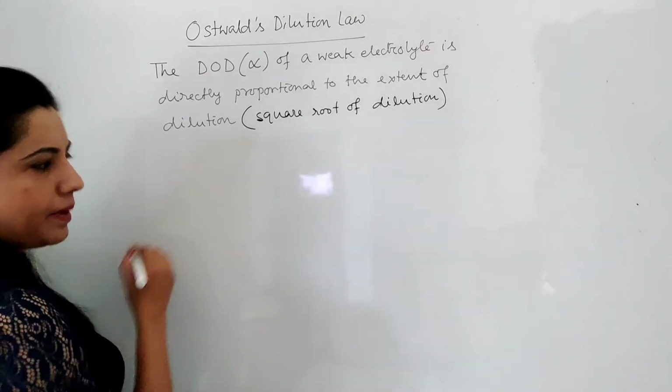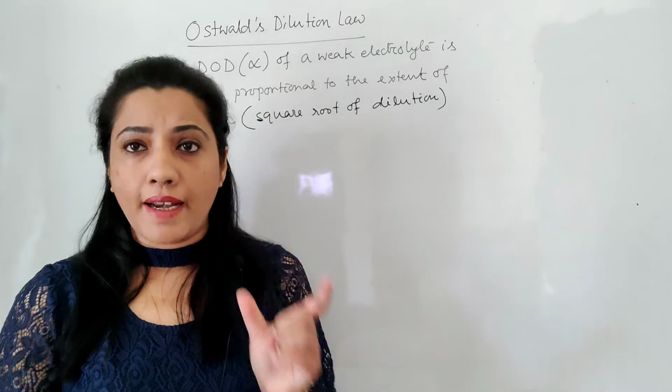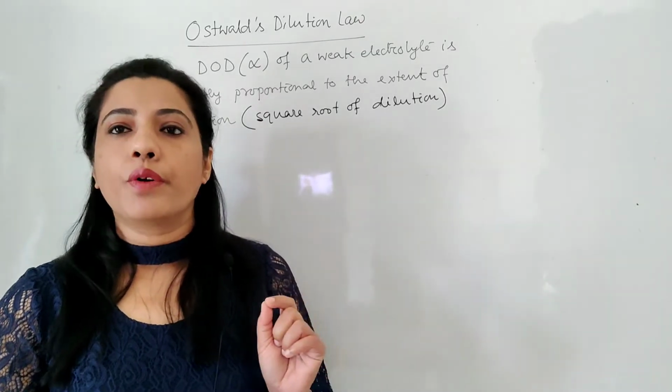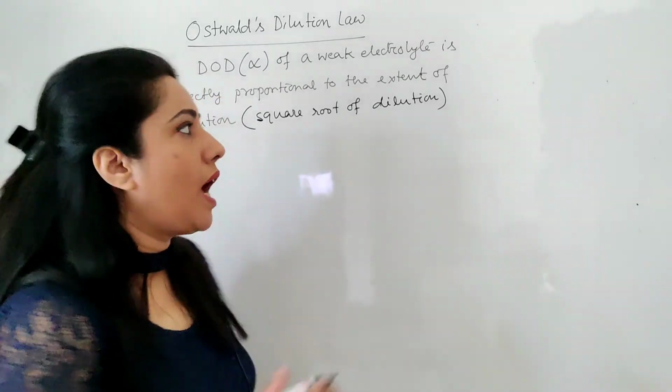Let us take an example. Here one more thing is there. In some books you are going to get the word ionization, and in some books you are going to get the word dissociation. Now these two words are the same only.